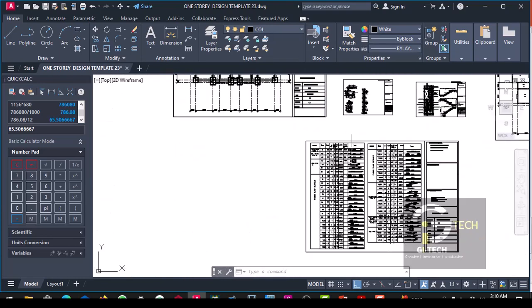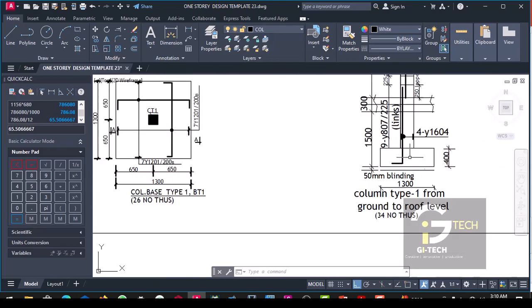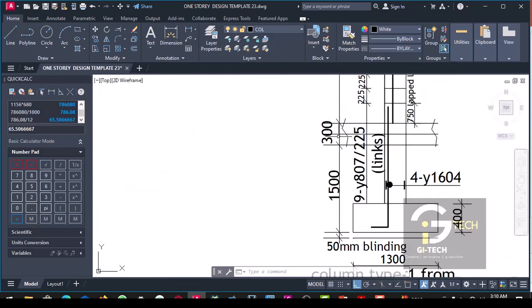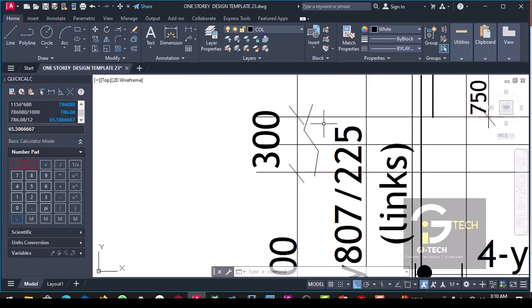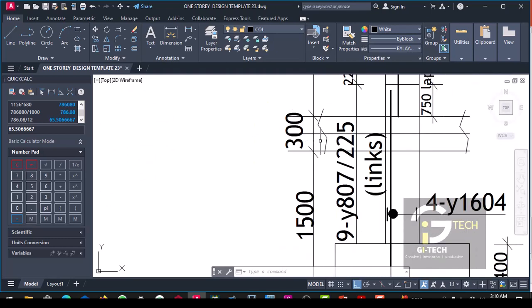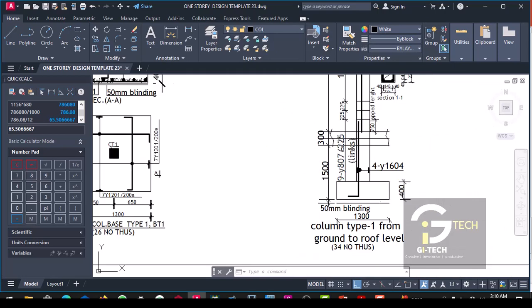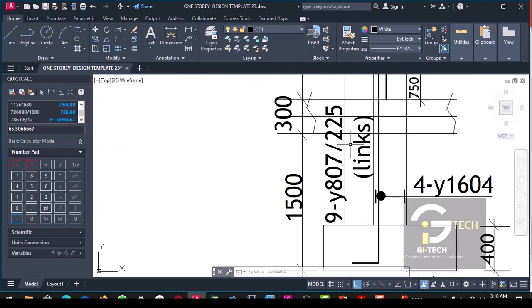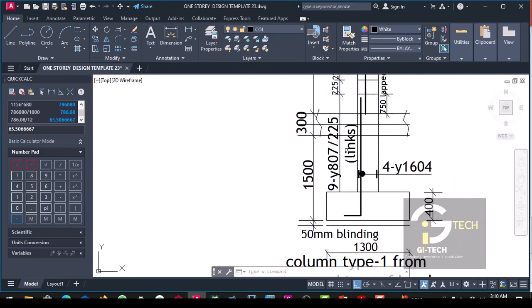So here you have, from the DPC, we have the oversized concrete, we have 150 hardcore, and below here you have the earth filling, the earth that is laterite.